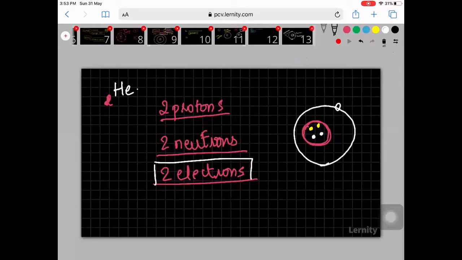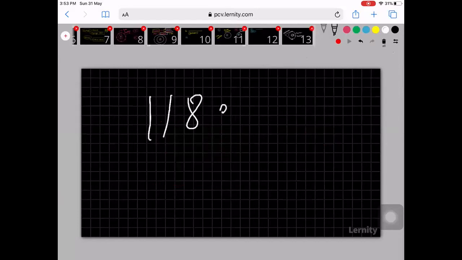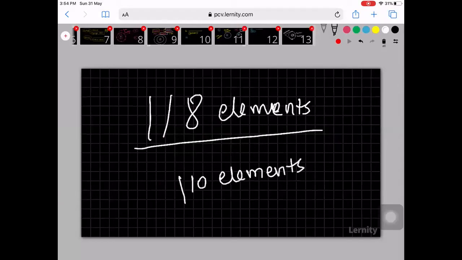Now, we're going to see some other thing that we have to remember. There are 118 elements. We have just seen the atom structure of hydrogen and helium.